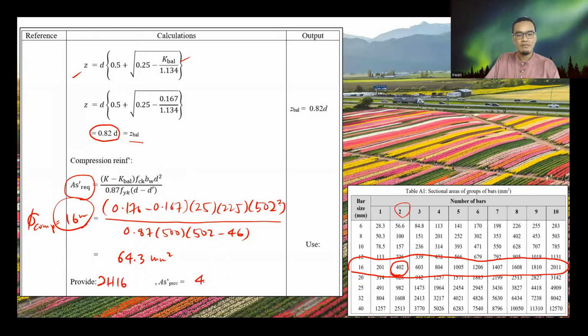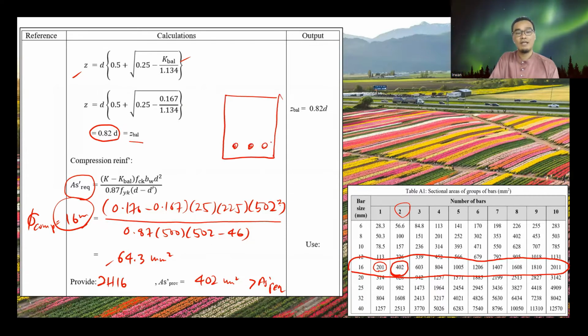So the provided is 402 mm squared, greater than As prime required. Okay, why do you not use 1H16? 1H16 is 201, also greater than required. Any answer? Not balanced, okay, because it's impractical on site. Later, say this is your section, and this is your tension reinforcement, and this one is your link.